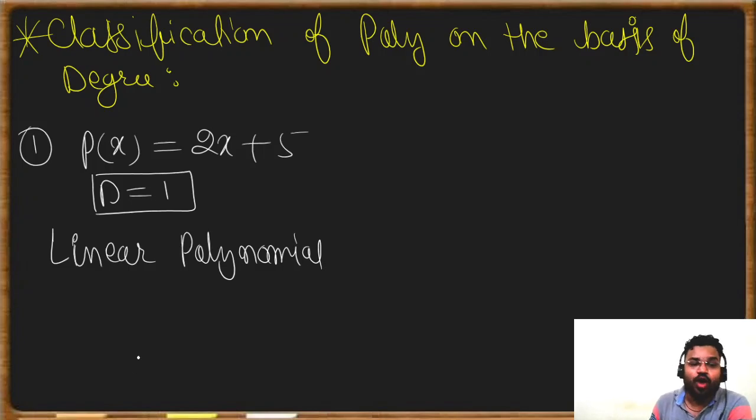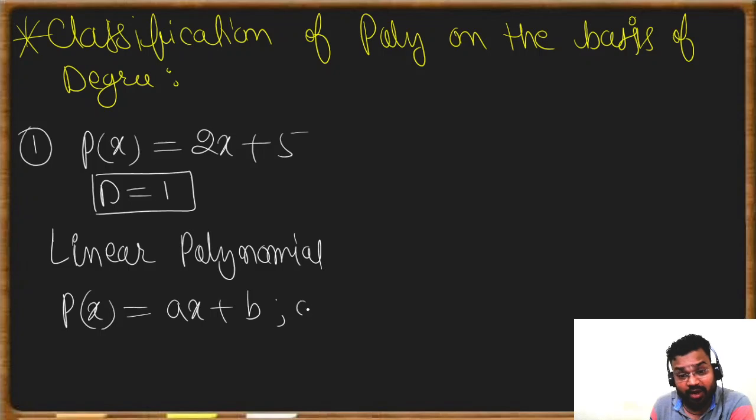Is it clear? What will be the general form? The general form would be p of x is equal to ax plus b, where a cannot be 0. Yes, this is a necessary condition to be linear. If a is 0, then it cannot be called linear. Okay, b can be 0, no problem.